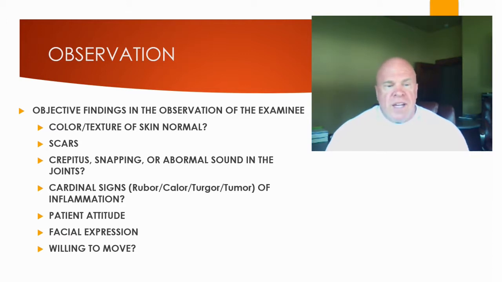Are there any scars associated with the area of the injury? Is there any crepitus, snapping, or abnormal sound of the joints? Many of these sounds can be heard simply as the examinee moves around the examination room or moves from the waiting room to the examination room.